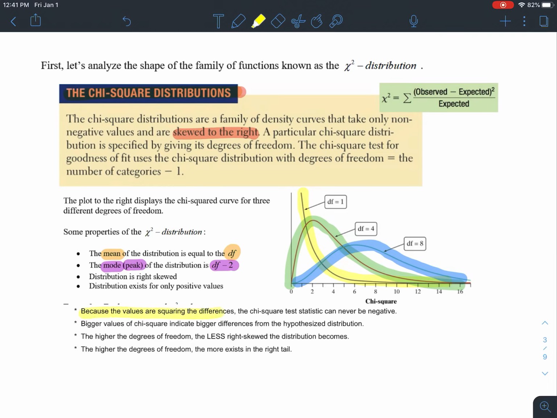That is because you're squaring the differences. If you look up here at how you calculate the chi-squared test statistic, you're squaring the difference between observed minus expected. When you square something, it can never be negative. It has to always be a positive value. So your chi-squared test statistic is always positive.